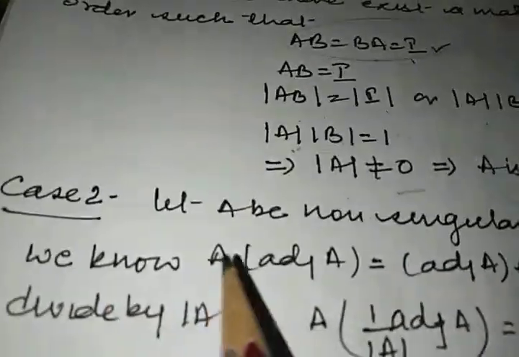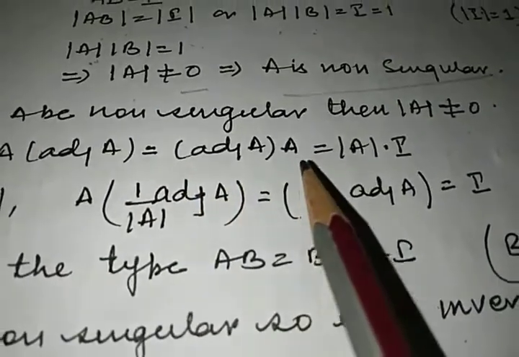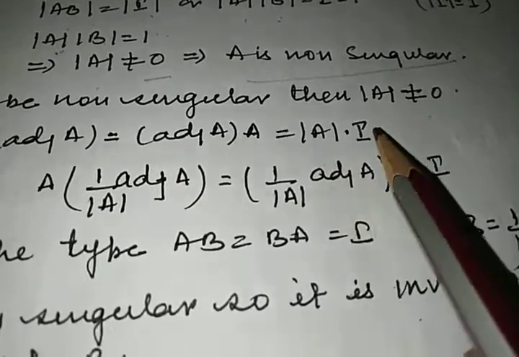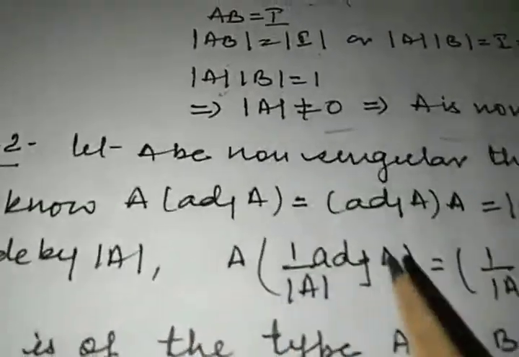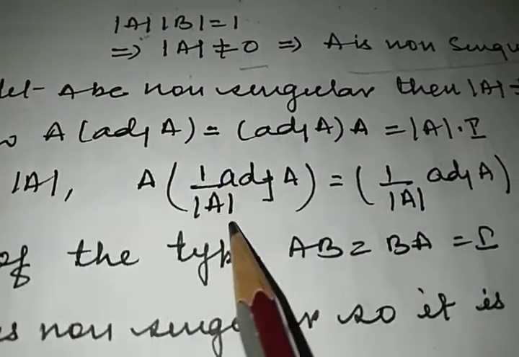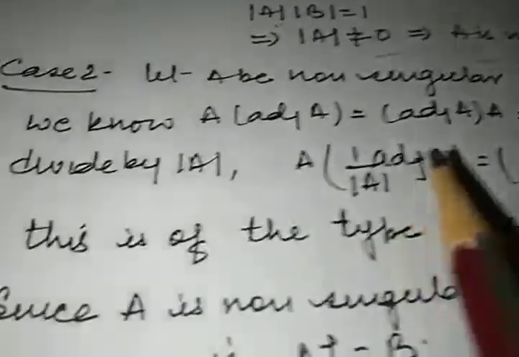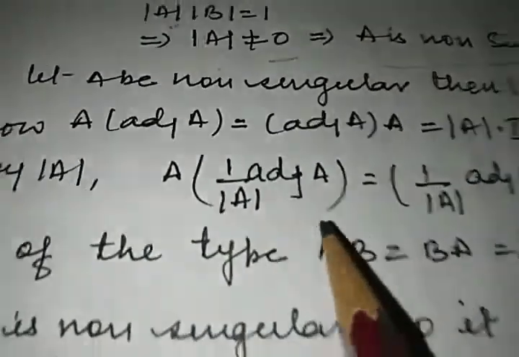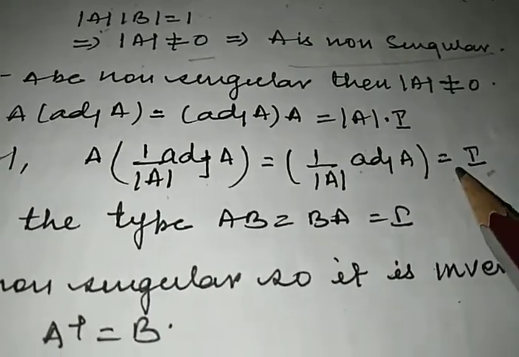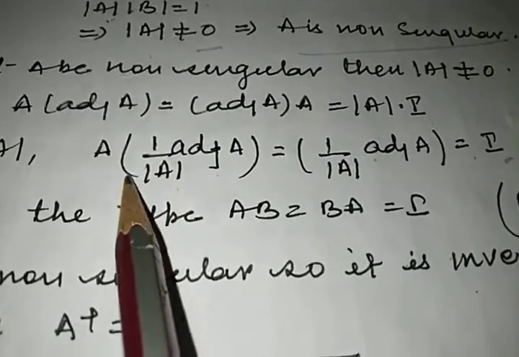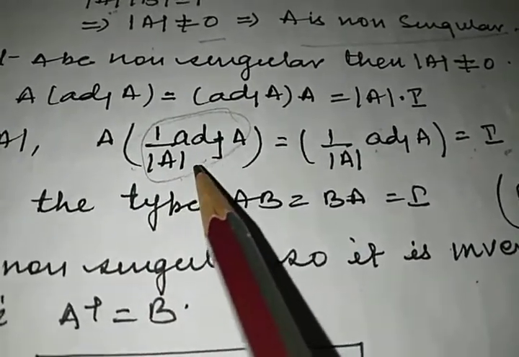In this case we already know A adjoint A is equal to adjoint A into A is equal to determinant A into I. Now divide by determinant A. So 1 upon determinant A times adjoint A, times A, is equal to I. So what we are having here is equal to I. That is, this is of the type AB, because this is also a matrix. How is it a matrix?